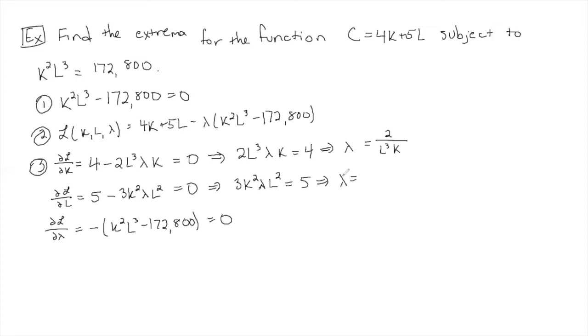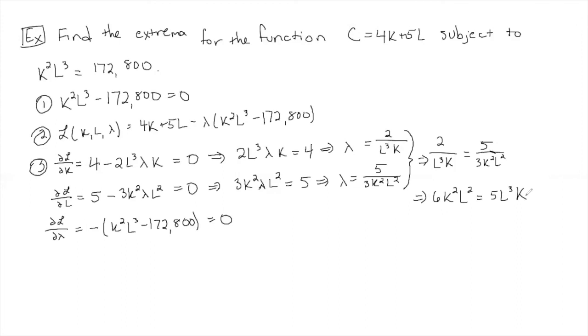Gives me that lambda is equal to 5 over 3k squared L squared. Okay. Together, these two give me 2 over L cubed k equals 5 over 3k squared L squared, which then gives me, if I just multiply both sides up, 6k squared L squared equals 5L cubed K.